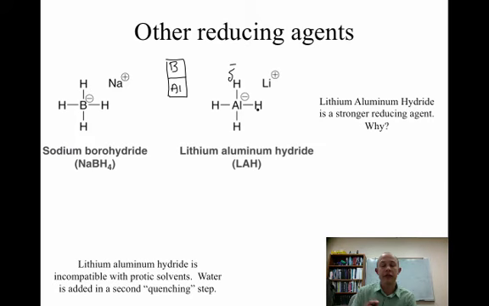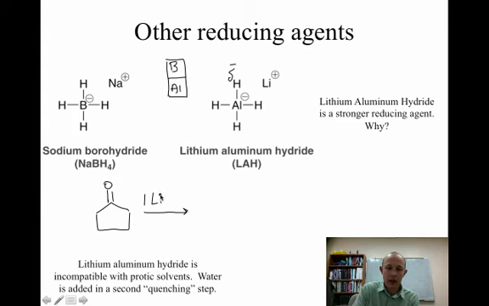So instead of the previous case, we have to avoid water. Water will react violently with lithium aluminum hydride with very negative consequences. So if we wanted to carry out the same reaction on the previous slide with lithium aluminum hydride, we would start with a ketone, and we would treat it first with lithium aluminum hydride in step 1.